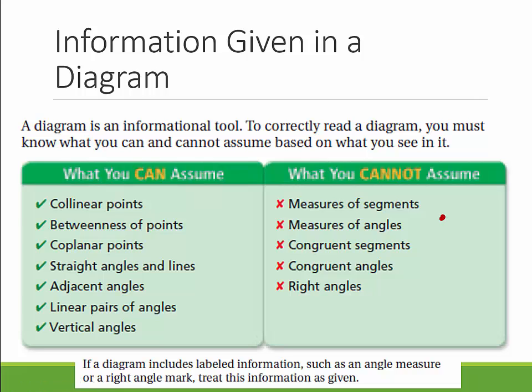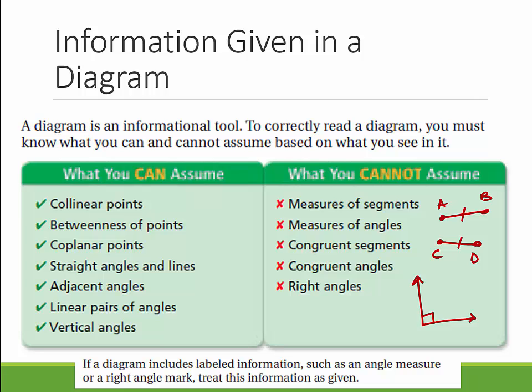So even if you have something like this with A and B, and then you have something like this with C and D, and they kind of look alike, if they don't have the little slashy here to tell you that they're congruent, you cannot assume they are congruent. Measures of angles. So let's say you have an angle that looks like this. You cannot assume that's 90 degrees unless it tells you there's 90 degrees there.